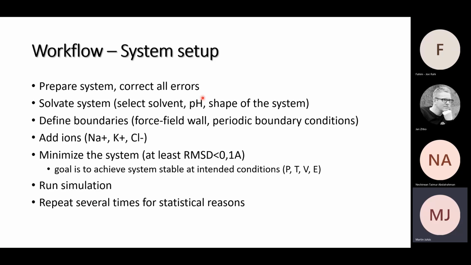Then you put it in a box, as I said, but it actually doesn't have to be a box. It can be even something else. It can be octahedrons or some other very specific 3D structures that are supposed to minimize the number of waters that are unnecessary in the simulation, because not all waters are close to the protein, for example.